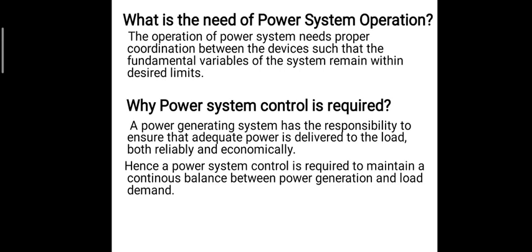Okay, these are the system variables, and these should all be within the specified limits. So next, why is power system control required? A power generating system has the responsibility to ensure that adequate power is delivered to the load, that is, the required power is delivered to the load both reliably and economically.